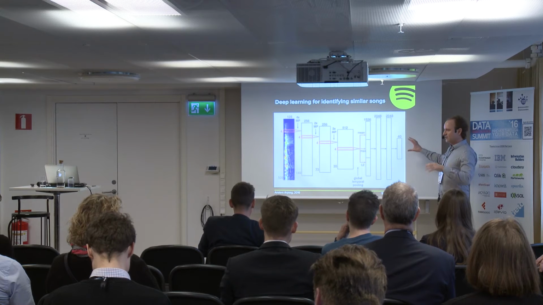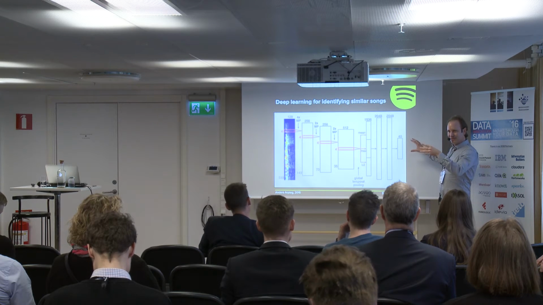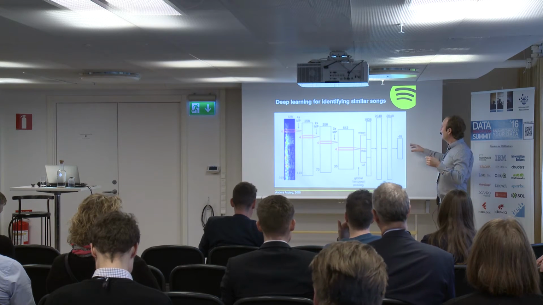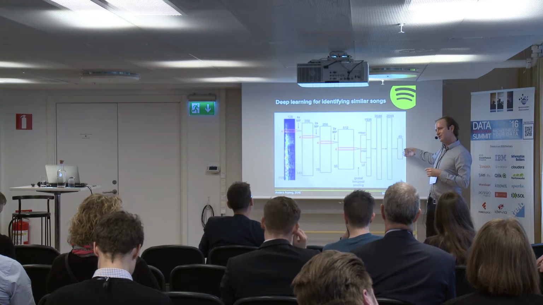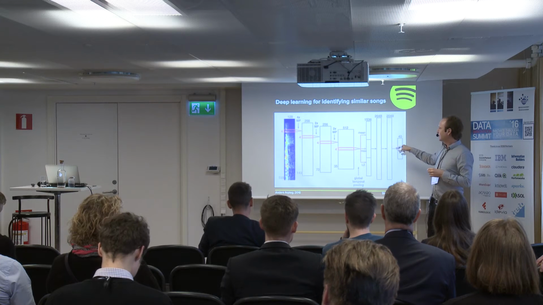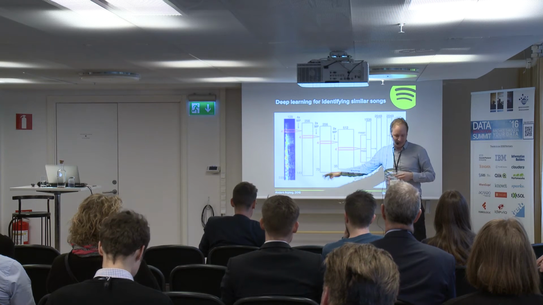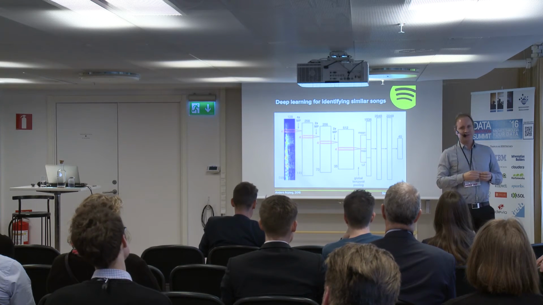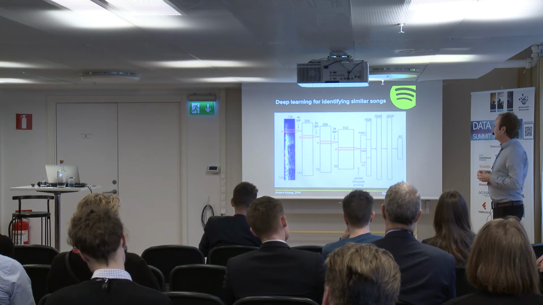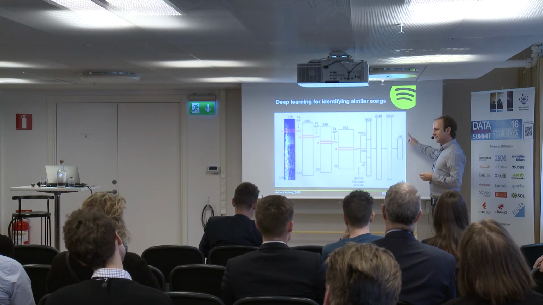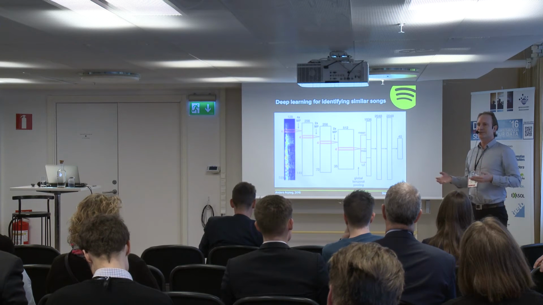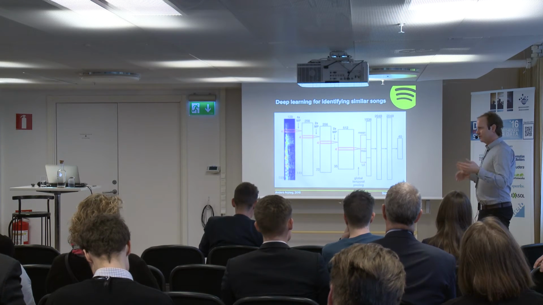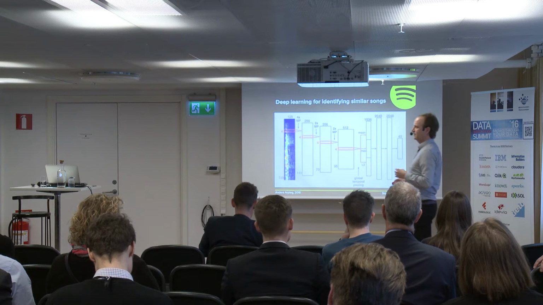But instead of looking at all these usage patterns, we just look at the audio data. And we have a lot of training data to train this deep learning network on. So just looking at the raw audio data, we can try to predict what type of music this is. And then once we have this data, we can still recommend that music just because of the way it sounds, not because of who has listened to it.